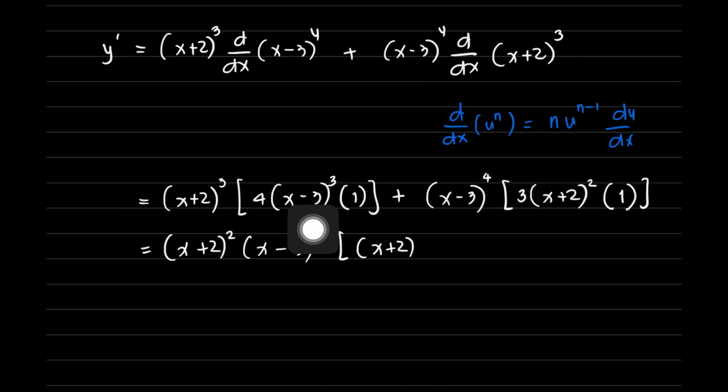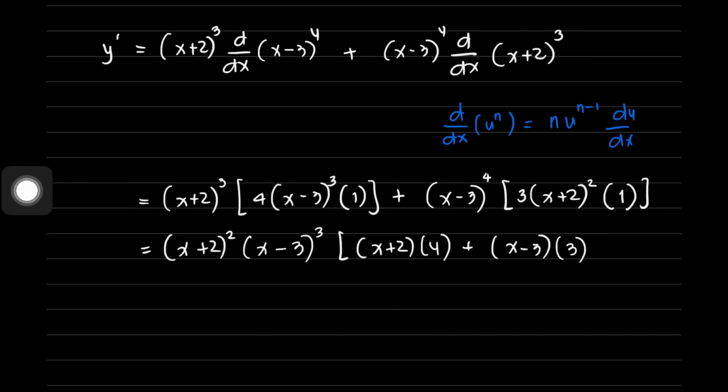And since x minus 3 is also brought out, this would now be equal to 4. Plus, x minus 3 raised to the fourth power, we brought out x minus 3 raised to 3, so the remainder in the second term would be x minus 3. X plus 2 was brought out, so the remainder in here would now be equal to 3.